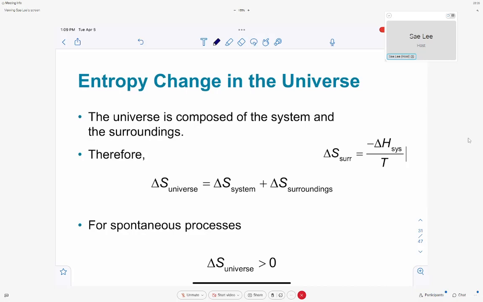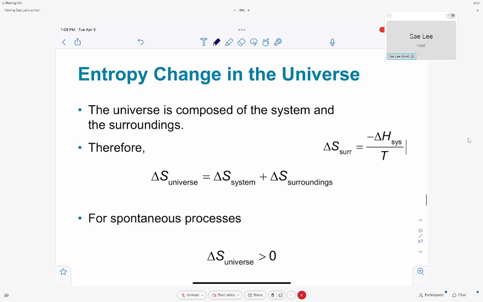Although you were not given information about the change in entropy of the surroundings, you can still find the change in entropy of the universe using the previous equation that we've learned. Again, if we are given this value and this value, we're able to find this value.